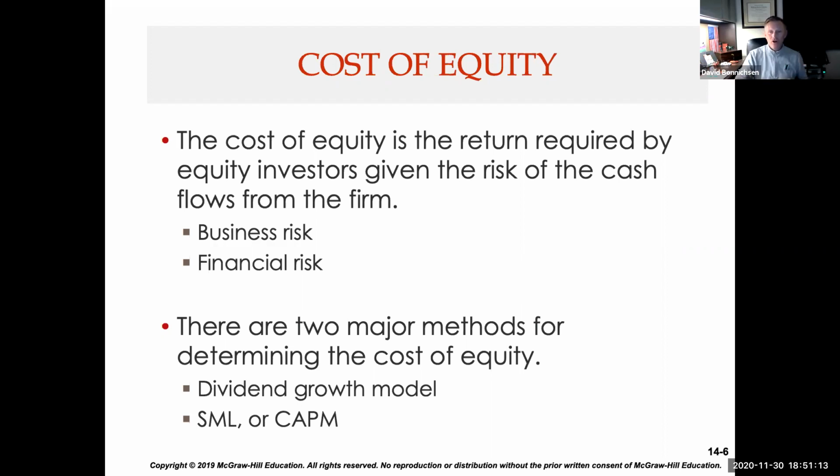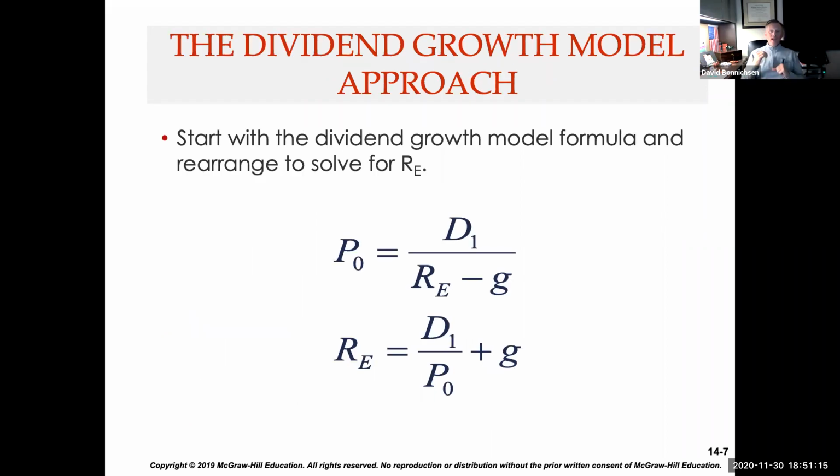So when we talk about the cost of equity, we had the dividend growth model, if you remember, that dealt with the current price of an equity being equal to the next dividend payment divided by the expected return minus the growth rate of the dividends.